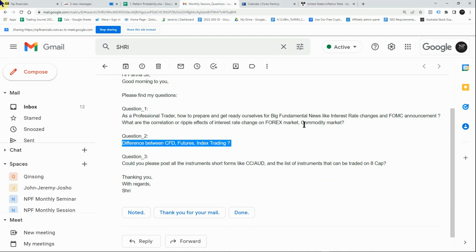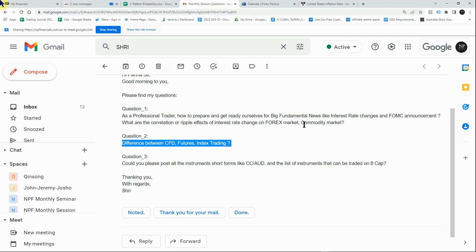CFD can be for anything. It can be for index, it can be for commodity, it can be for anything. CFD is basically a contract for difference. So you don't buy the stuff, you buy the contract for the difference. If I'm going short, my thought process is that it's going down, so I'm selling first and buying later. The difference is my profit for any instrument. It can be a Forex pair, an index, a dollar basket, anything.